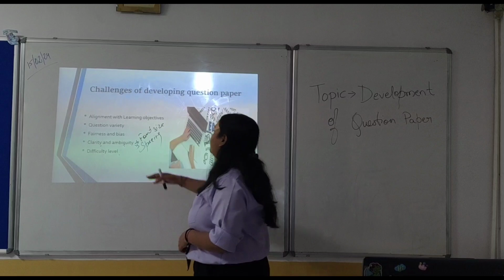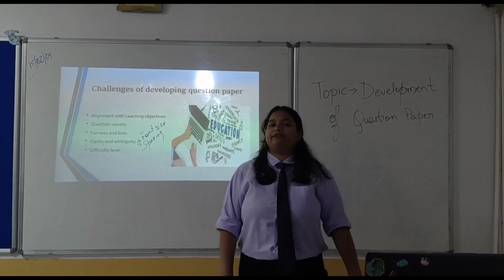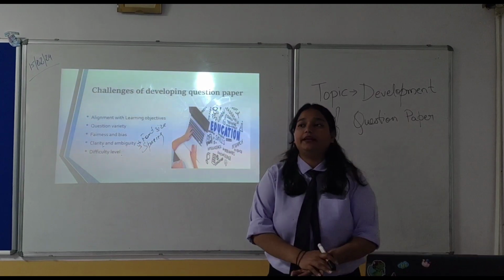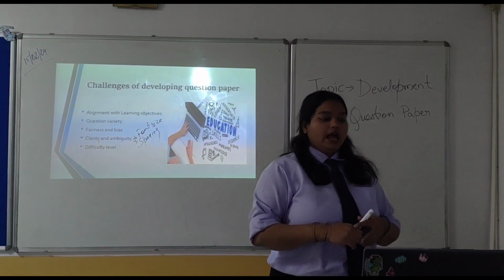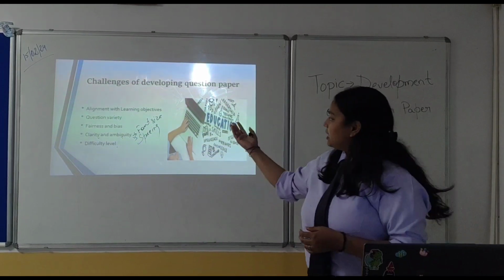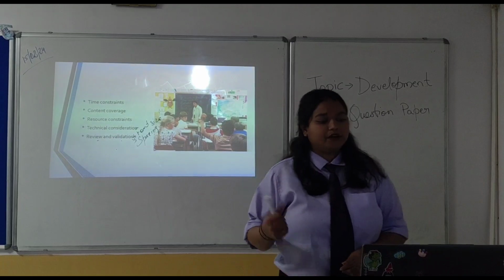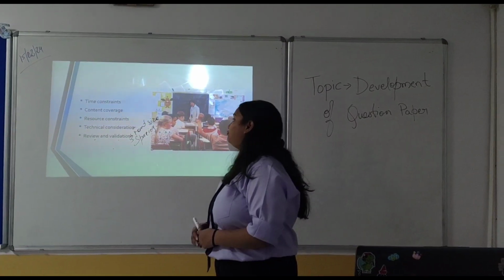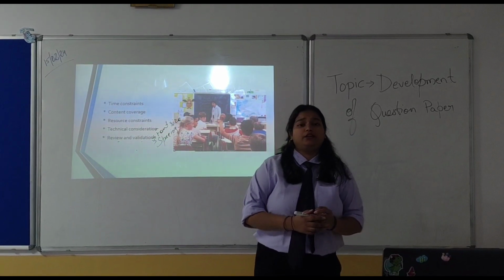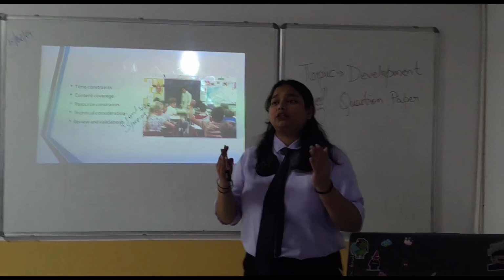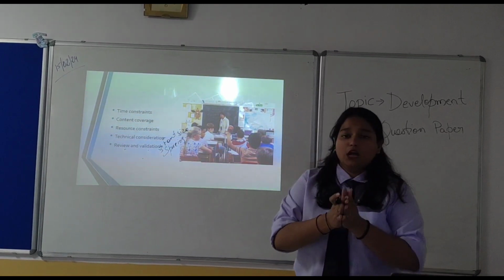The alignment with learning objectives should be there, and question variety, so that we can provide different types of questions. Fairness should be there, and no bias. Then time constraint: we have to see that a child can answer the whole question paper in a given time period. We cannot give the questions in a lengthy form, or give a very short time period.